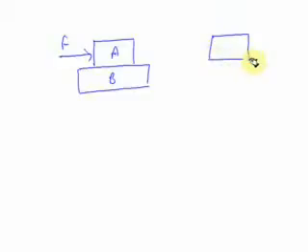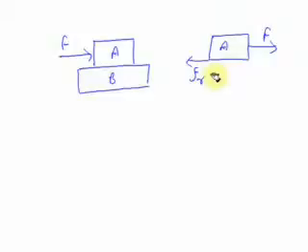To understand this, let's take the same example. Suppose we have block A and block B, and a force F is acting on block A, and because of this force, block A starts moving in the right hand direction. So the friction force which is acting on block A will be in the left hand direction. The forces acting on block A are F, which is the external force, and friction force FR.